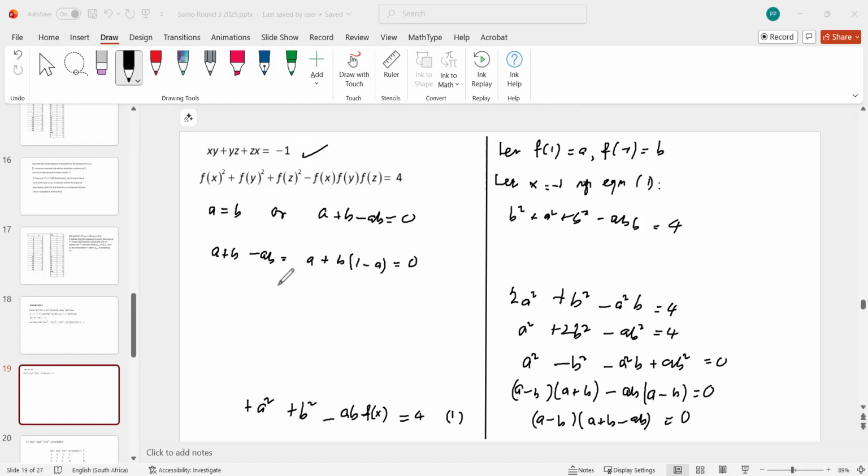And then b into 1 minus a is equal to minus a.